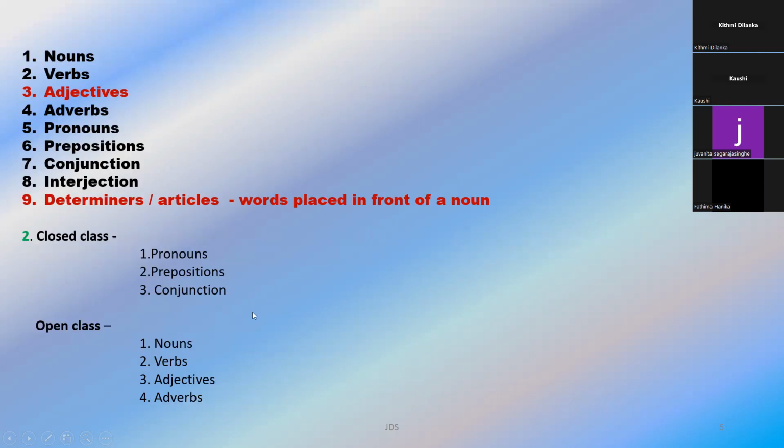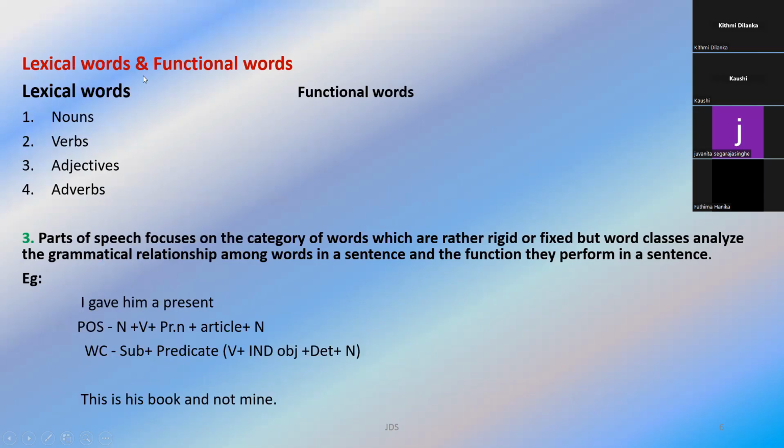Right, so second difference, closed and open class according to the traditional view, and lexical and functional class according to the modern view. Functional class means words related to grammar.